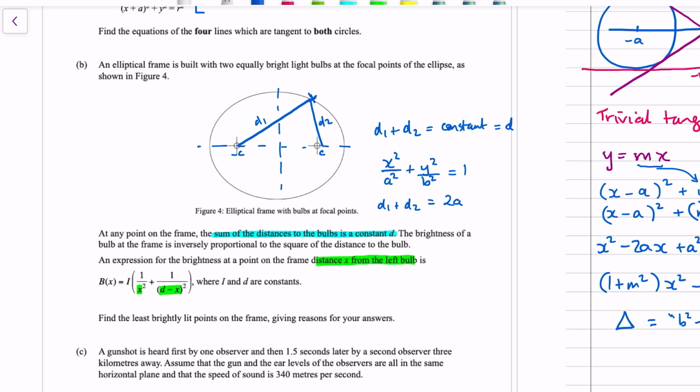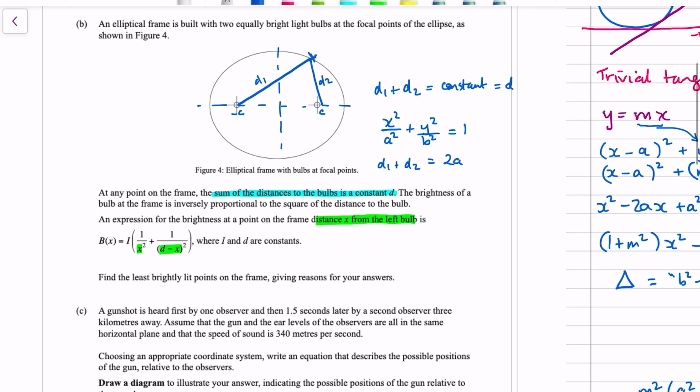We don't need to know that for this question because the question's just asking us to find the least brightly lit points and giving reasons for our answers. We've got an equation that gives us the brightness in terms of x, and we're just trying to find that position x that gives a minimum.